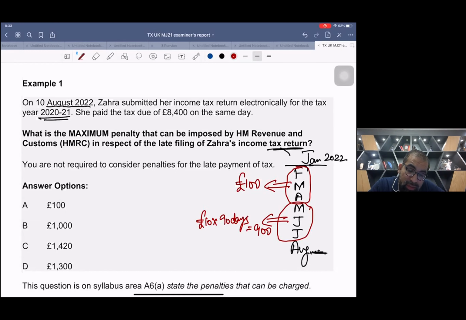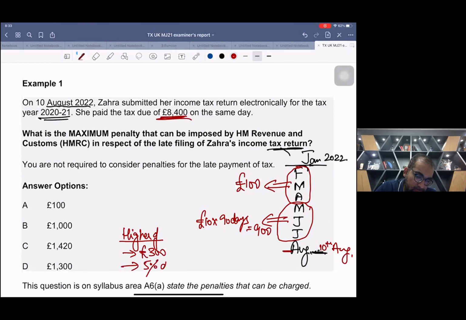Now you cross the 6 months because you submitted on 10th August. That means you are more than 6 months late. So now you will have one more penalty. This is the higher of: first, £300, and second, 5% of your income tax. What is your income tax? Look at the income tax, 8,400. 5% of 8,400 is, I think, 420.